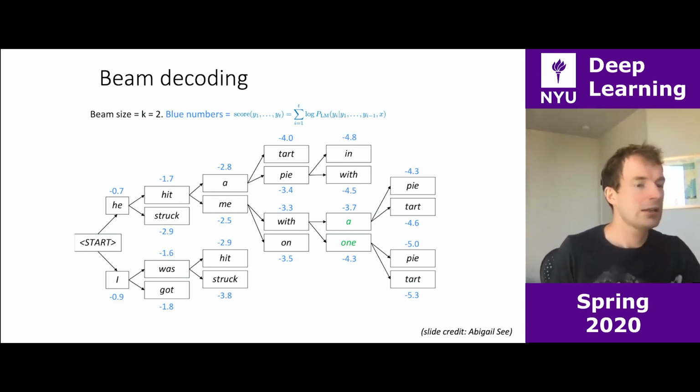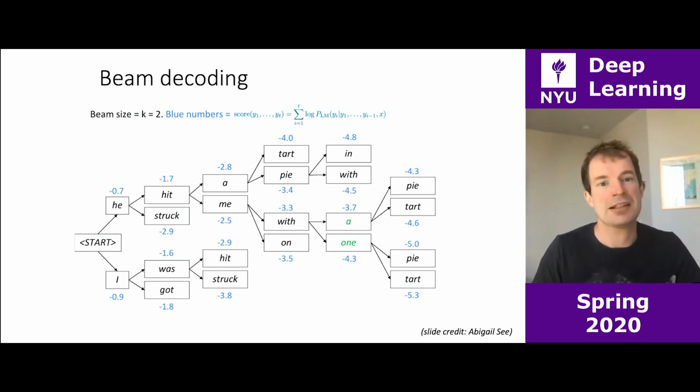How deep does this tree go in the beam search? When do you stop looking for candidate sequences? One detail I haven't told you is we have this end of sentence token. Once you output that, this hypothesis is finished.